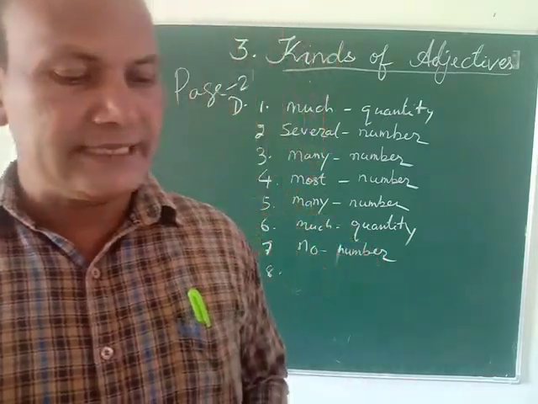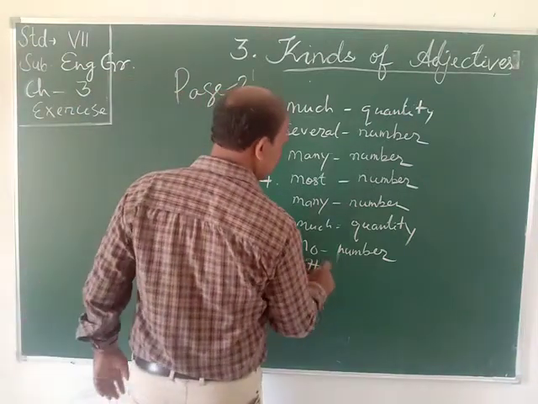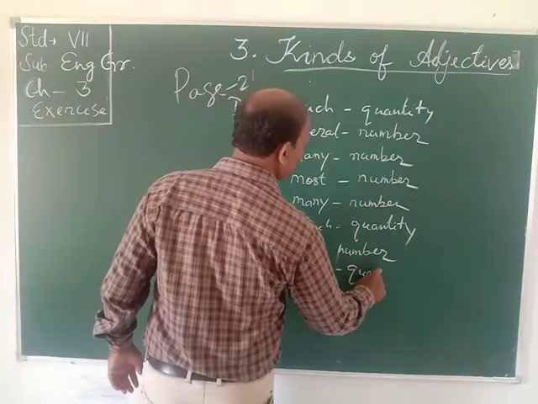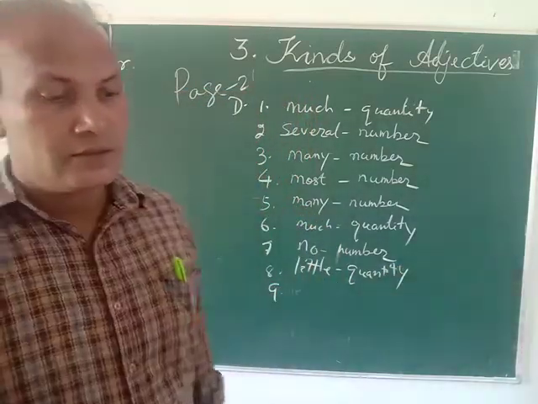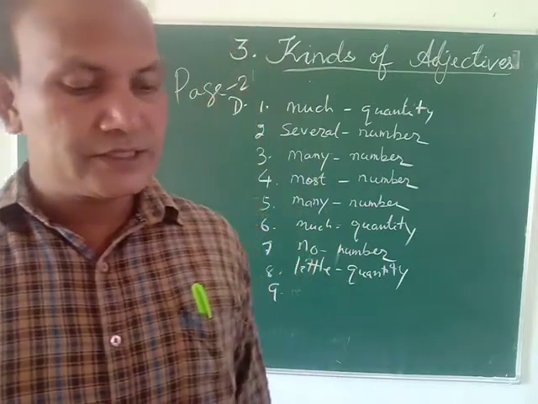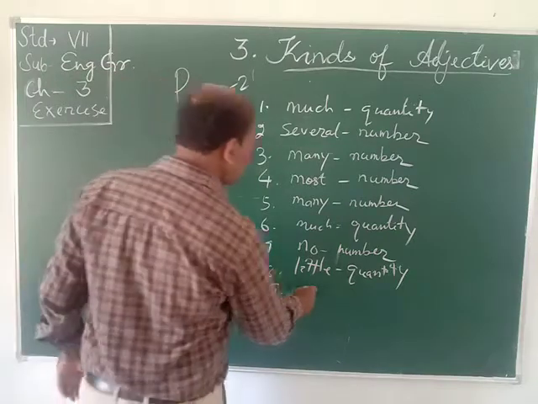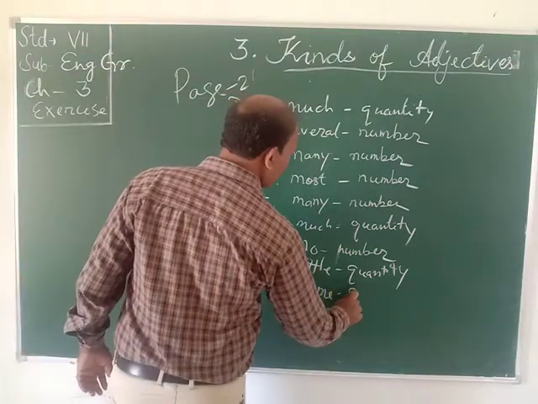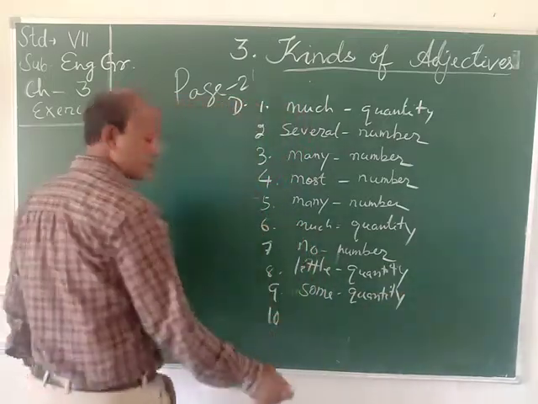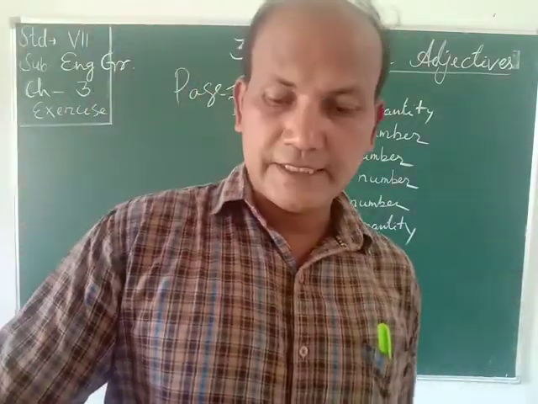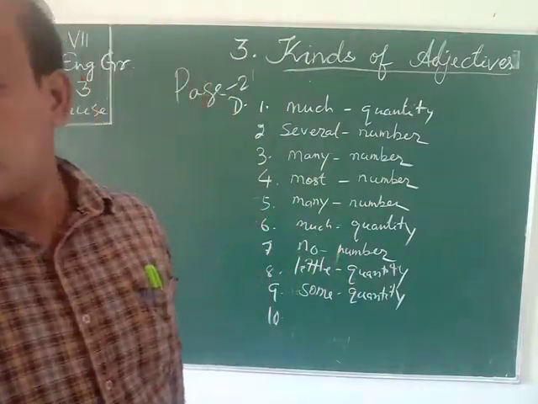We have made little progress. Little is quantity. Number 9. There was some wastage. Some is quantity. Next number. All educated. All educated is number.